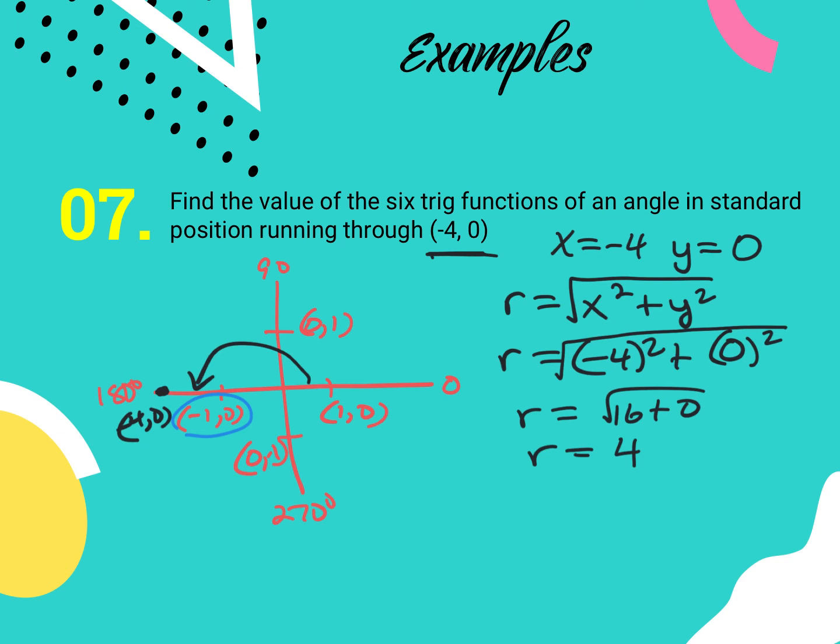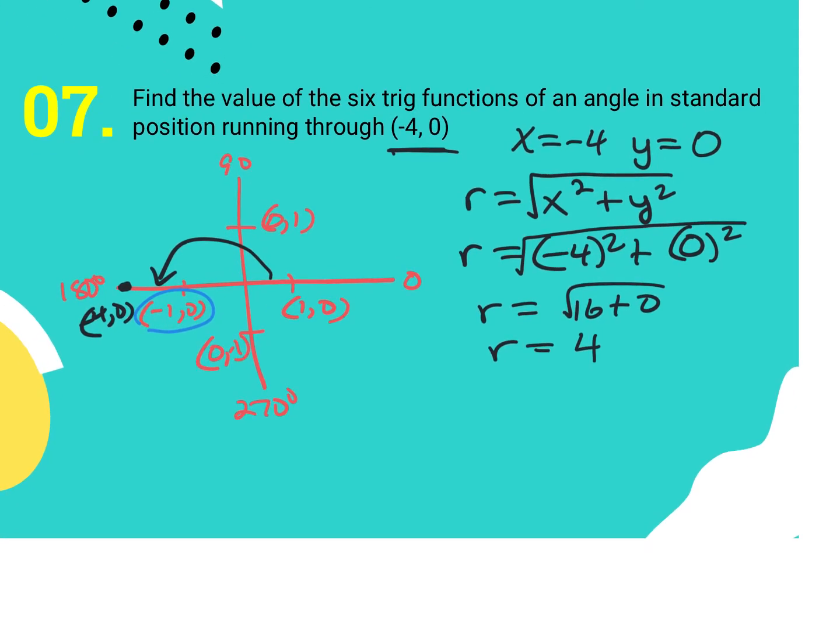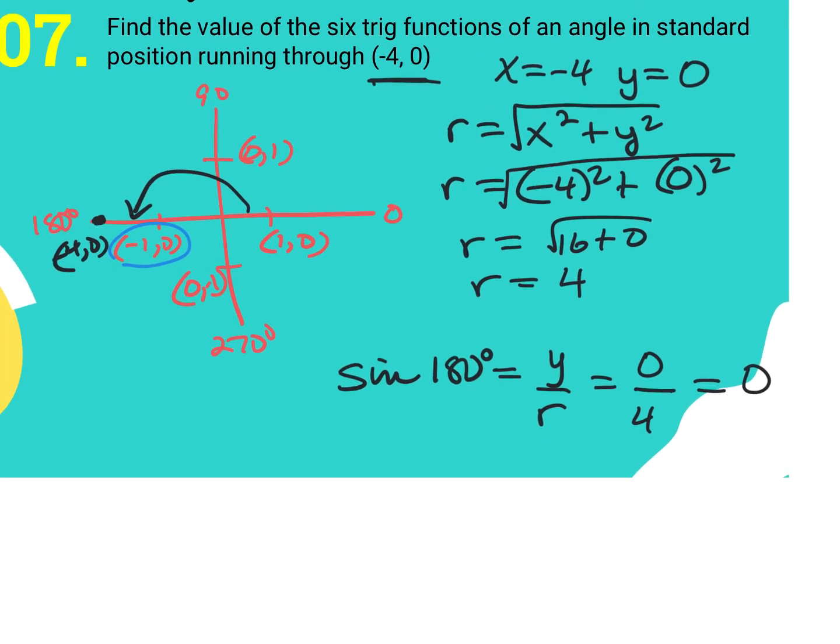So there are my 3 values that I need. And if I start putting them in, for example, for sine, I'm doing the sine of 180. So remember sine is y over r. If I put this in here, 0 over 4, it just simplifies to 0. If I do cosine of 180, it's x over r, and my x is -4 over 4, which is -1.